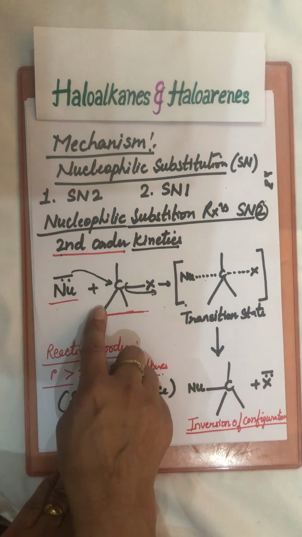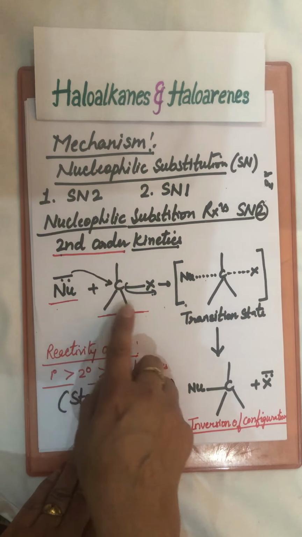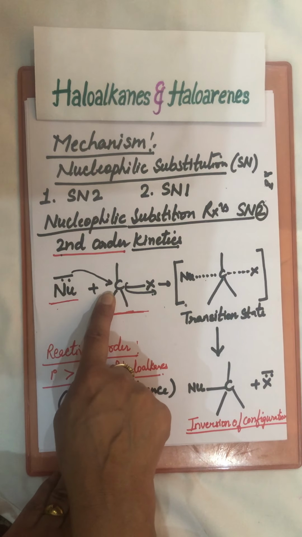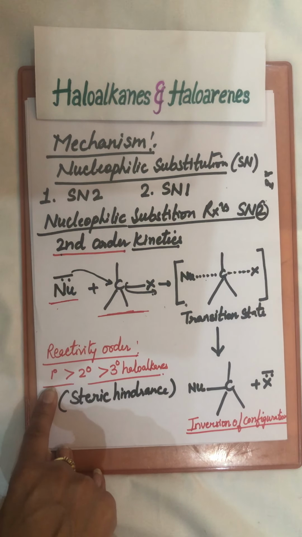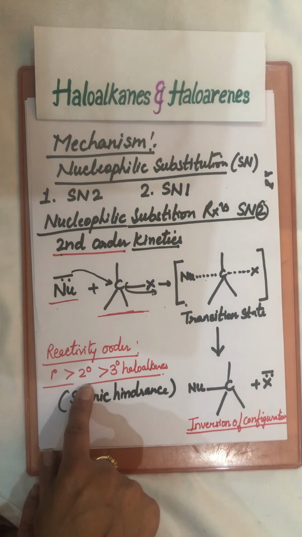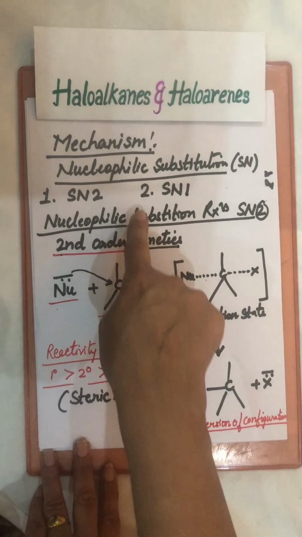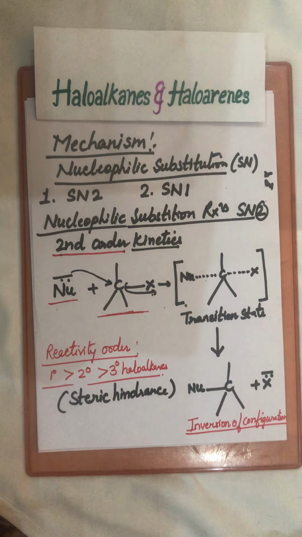While if we are taking a primary haloalkane, smaller groups are attached here, the nucleophile is getting the space to attack this carbon, and hence reactivity of primary haloalkanes is more than secondary. Secondary haloalkanes are more than those of tertiary haloalkanes. So this is about the SN2 reactions.